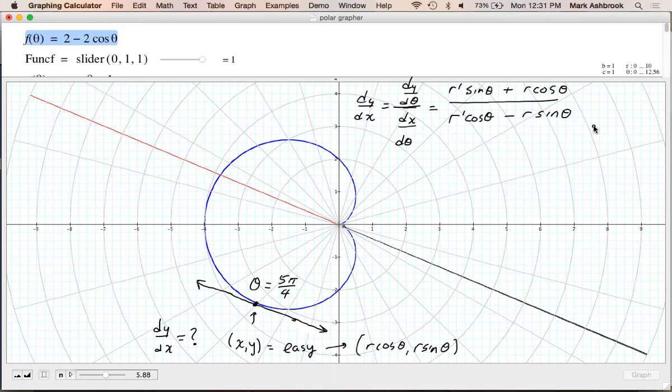Is that what we found for those two? Make sure that's right. Again, that's product rule on y equals r sine theta, and product rule on x equals r cosine theta, right?